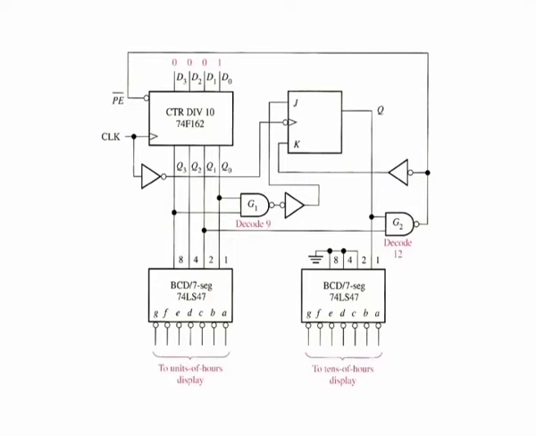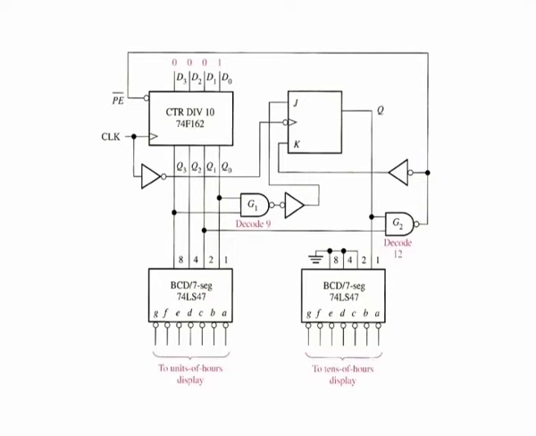The decade counter advances through all of its states from 0 to 9, and on the clock pulse that recycles it from 9 back to 0, the flip-flop goes to the set state, that is J equals 1 and K equals 0. This illuminates a 1 on the tens of hours display. The total count is now 10. The decade counter is in the 0 state and the flip-flop is set.